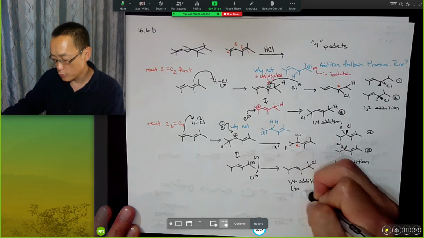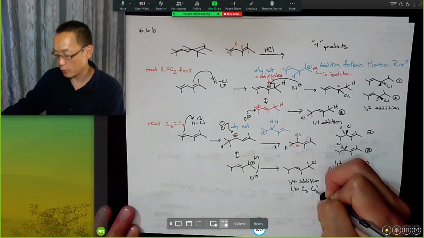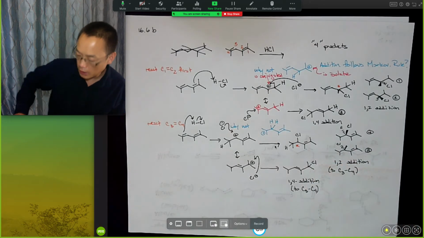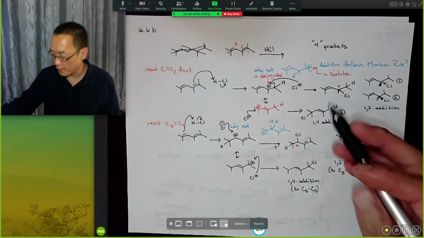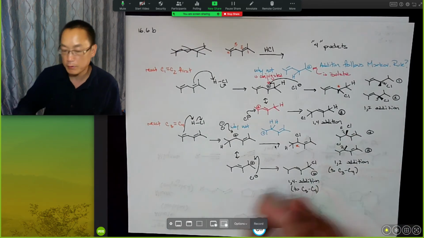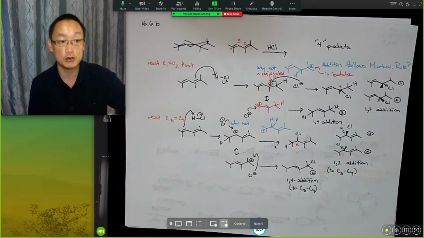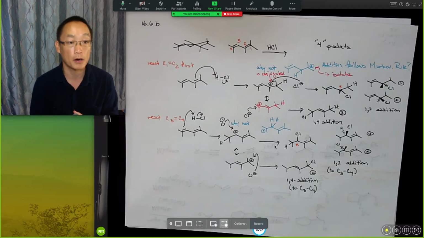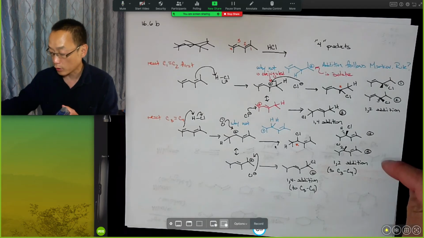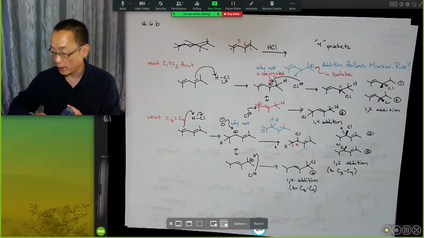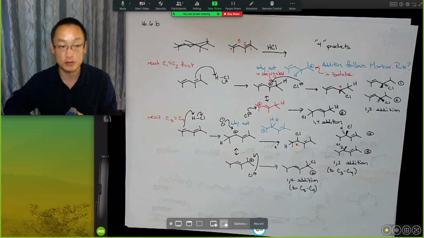And again, to C3C4 instead. And so now we've got 1, 2, 3, 4, 5, 6 total products that we would expect to see, or 4 unique regioisomeric products, of which 2 of them are chiral and related that way. And so they're enantiomers of one another.